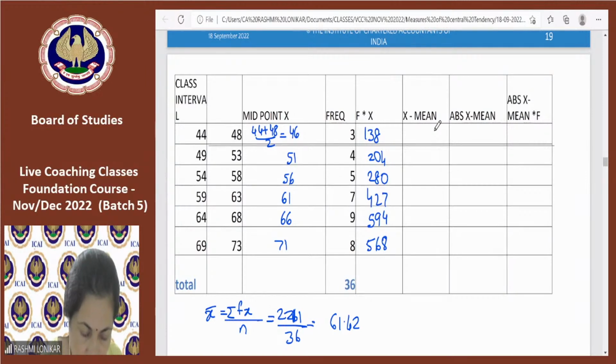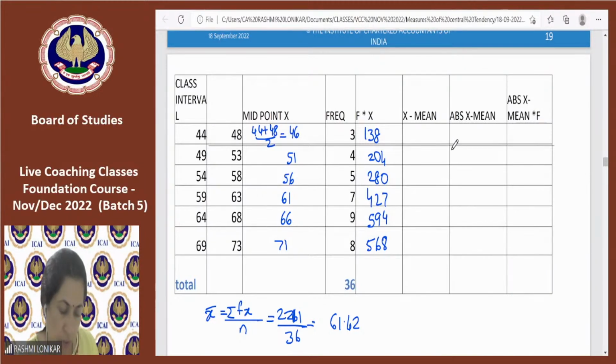Bala, yes, I will see what sum you are saying. Yes, Bibu, you can use CV as SD upon AM into 100. But first, for that, you must find standard deviation of y, you must find arithmetic mean of y, and then only you will be able to use that formula.